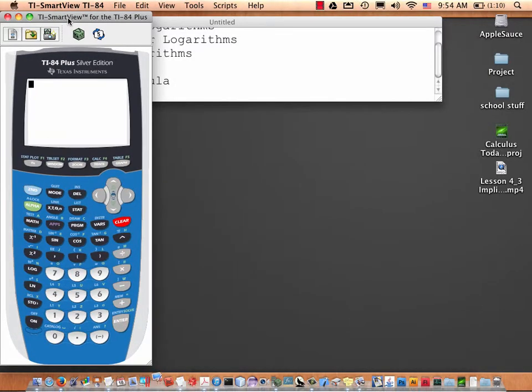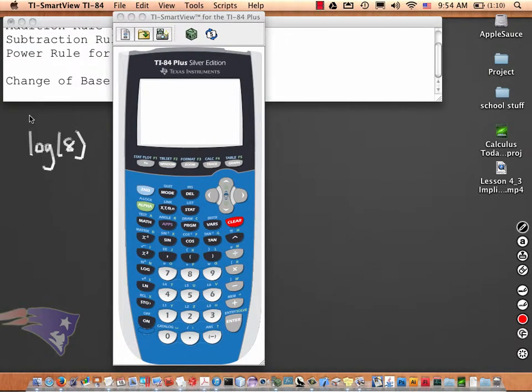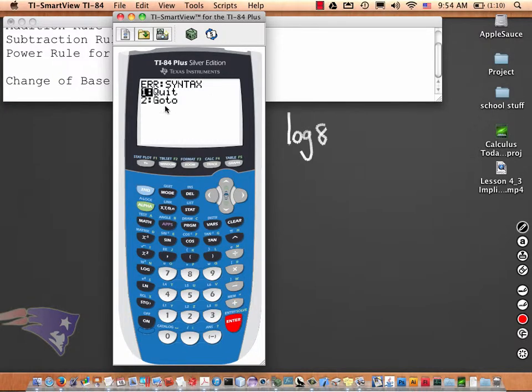Computing the logarithm of 8 is pretty easy, right? All you have to do on your calculator is log 8, close parenthesis, enter. Oh, I put two of them in. Logarithm of 8. There we go. So that's easy, right?